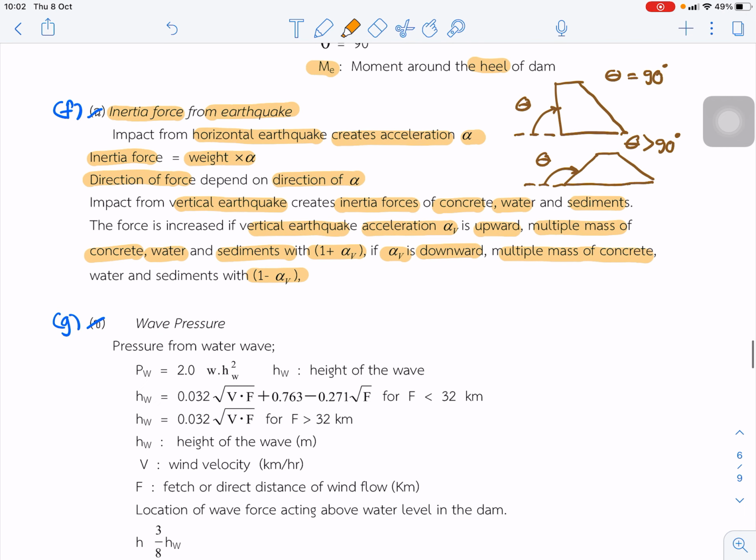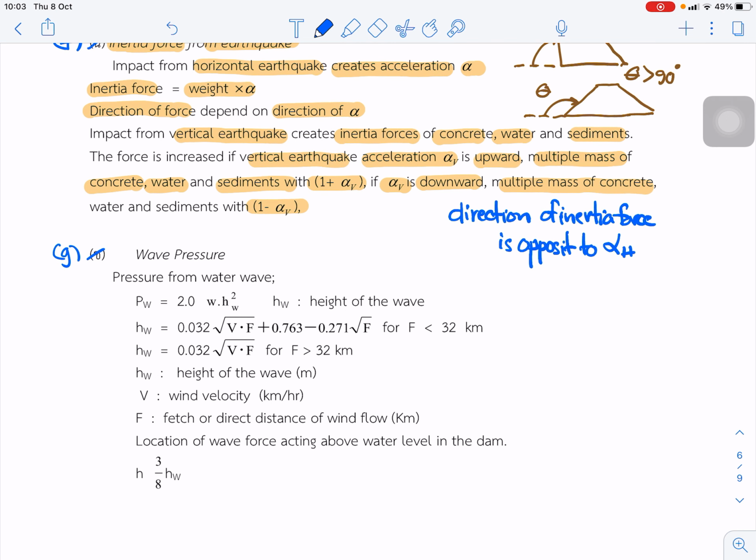So we can make a note that the direction of the inertial force is opposite to the acceleration.